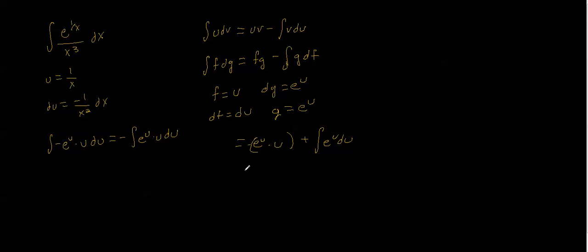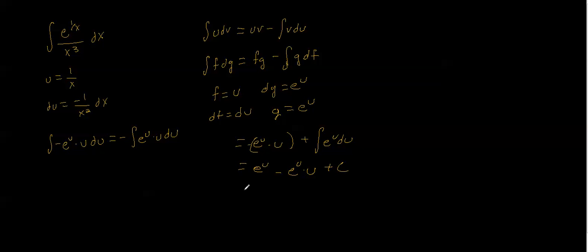When we simplify this, we end up with e to the u minus e to the u times u plus c. Now, we substituted in 1 over x for u, so it's time to substitute that back in here.